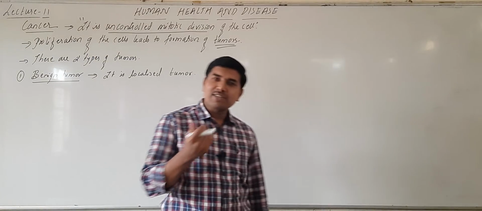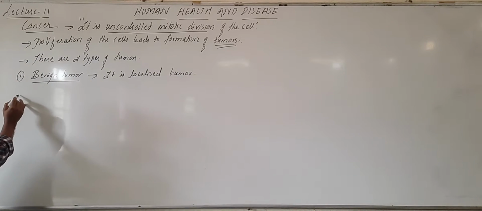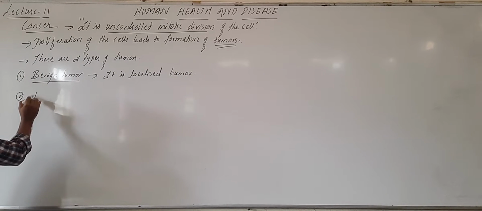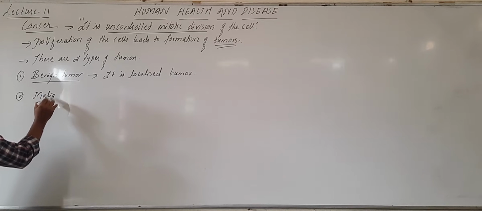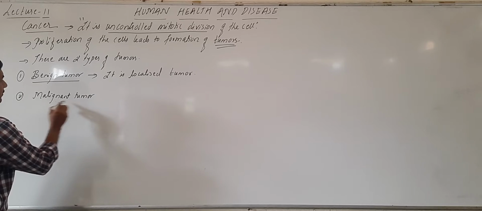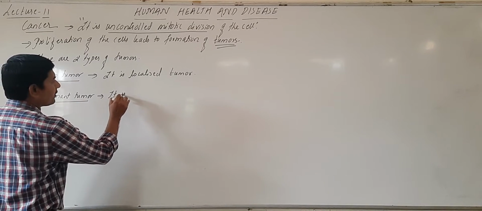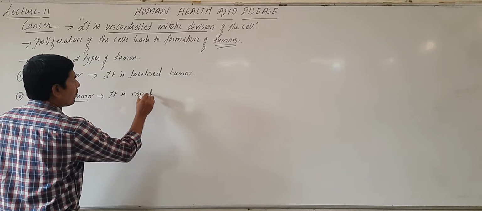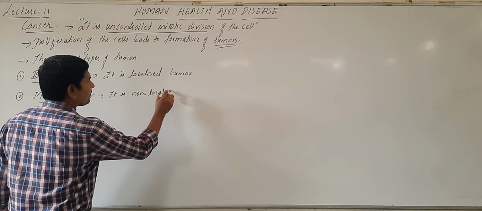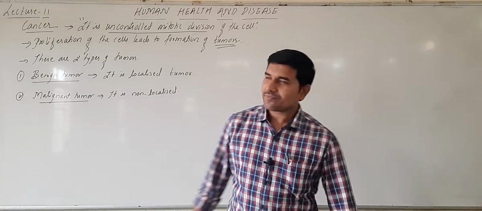Benign tumor is localized tumor, and the second type of tumor that we are going to come across is malignant tumor, which is non-localized. So, which are the two different types of tumors?